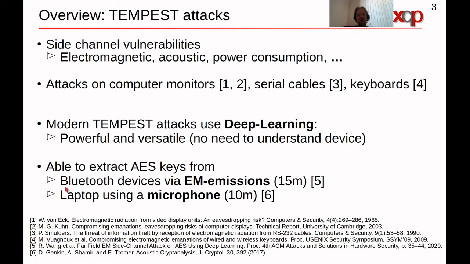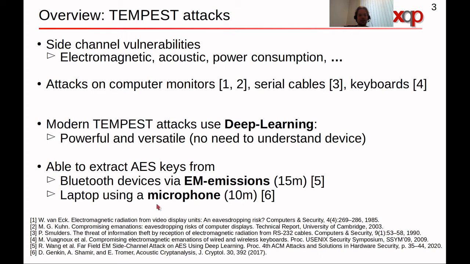This is because the digital circuit of the device interferes a little bit with the Bluetooth part of the circuit. Also, perhaps surprisingly, consumer-grade laptops have been attacked and cryptographic keys extracted using a microphone, so this is an acoustic side channel, at distances of up to 10 meters.